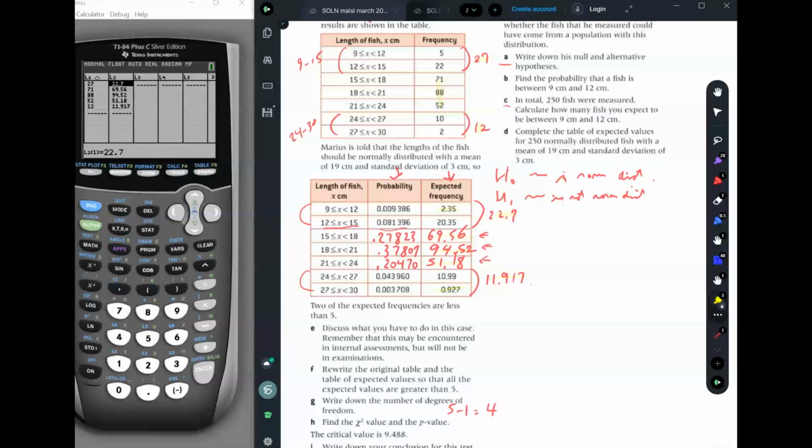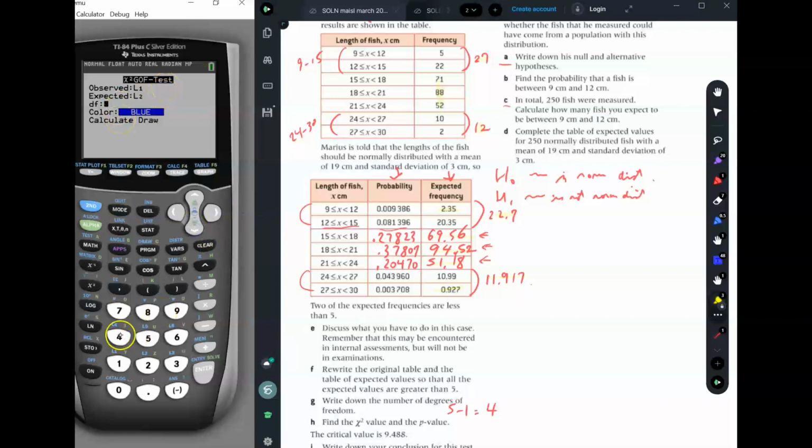Okay. And then I'm going to do stat, test, chi-squared GOF, which is on the second page. So I'm going to go up instead of down. A little bit closer. Select D. L1 and L2, I don't need to change those because that's exactly where I put them. The degrees of freedom is 5 minus 1 equals 4.